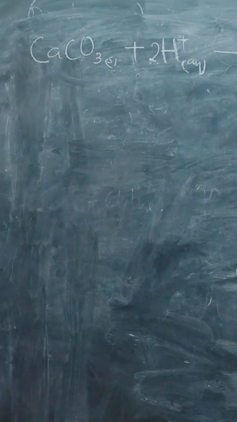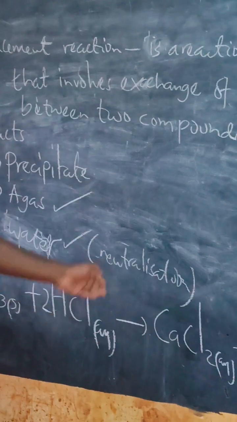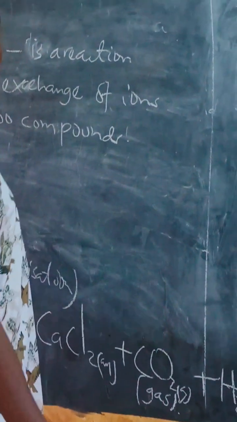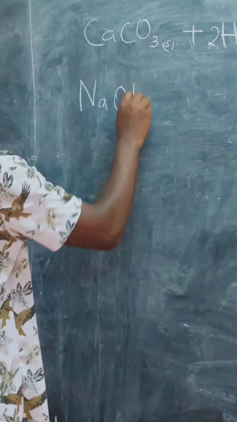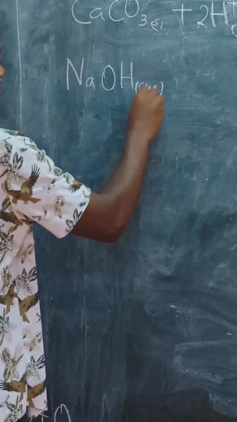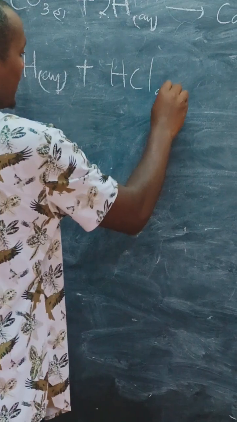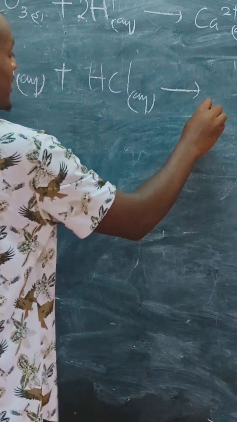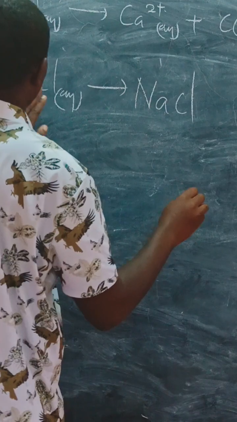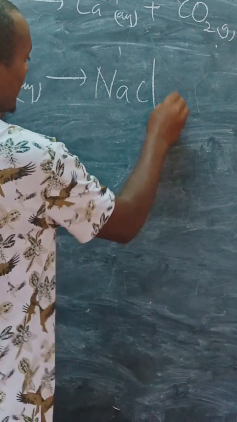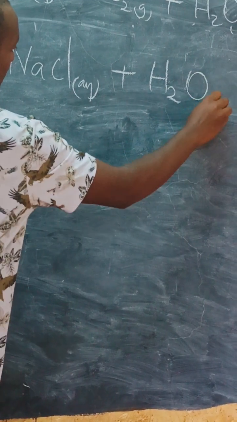Let's go to production of water, for example neutralization. So neutralization falls here. For example, sodium hydroxide aqueous plus HCl aqueous gives us sodium chloride, salt, plus water. A base plus an acid gives salt plus water.